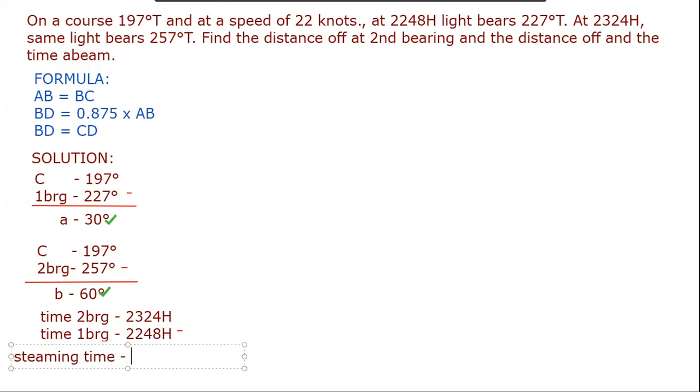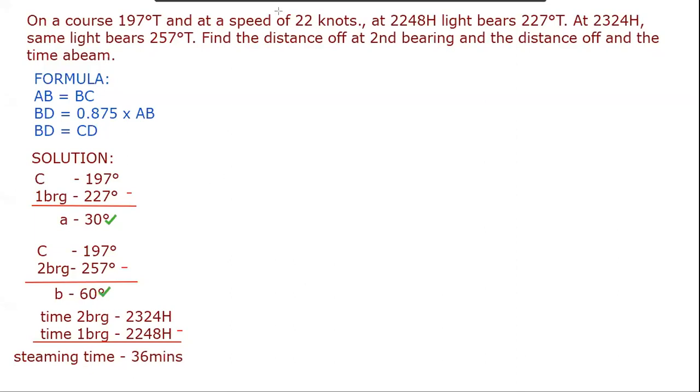So, dahil ima-minus natin ang 23-24 sa 22-48, ang lalabas na sagot dyan ay 36 minutes. So, dahil kailangan nating i-convert yung minutes into hours, ang gagawin natin ay i-divide natin siya into 60.